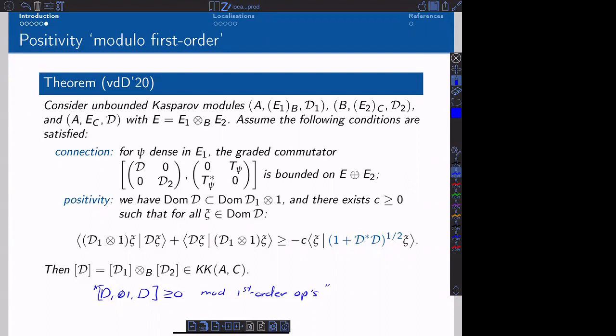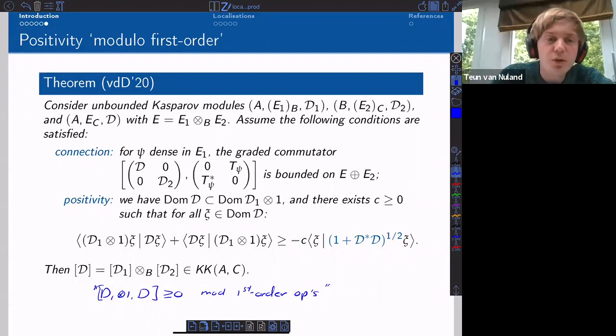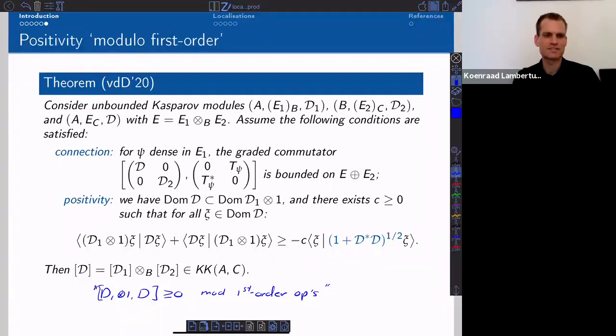Thanks. Koen, could you comment on the plus sign? If it were a minus sign, I could understand a commutator. Yes, the left-hand side is more like an anti-commutator.